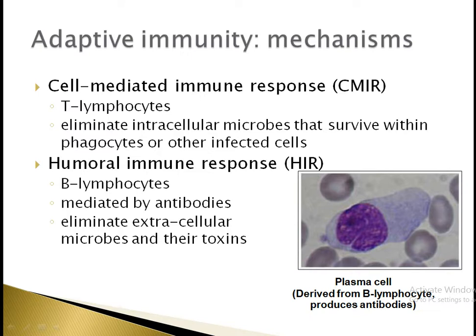Adaptive immunity is further subdivided into cell-mediated immune response and humoral immune response. Both of these types of immunity are carried out with the help of T lymphocytes and B lymphocytes.